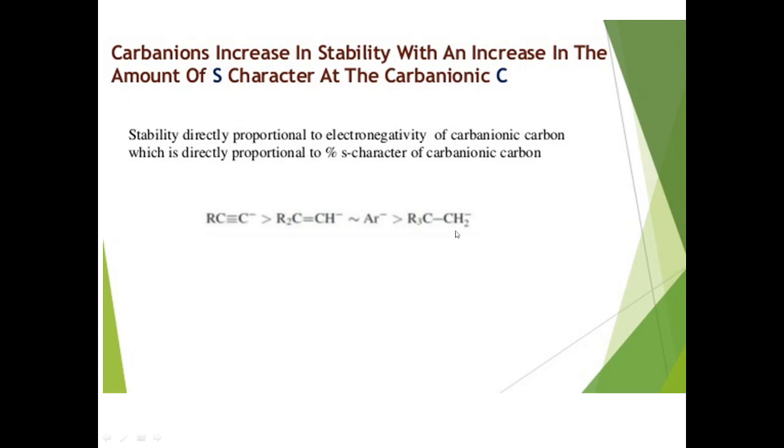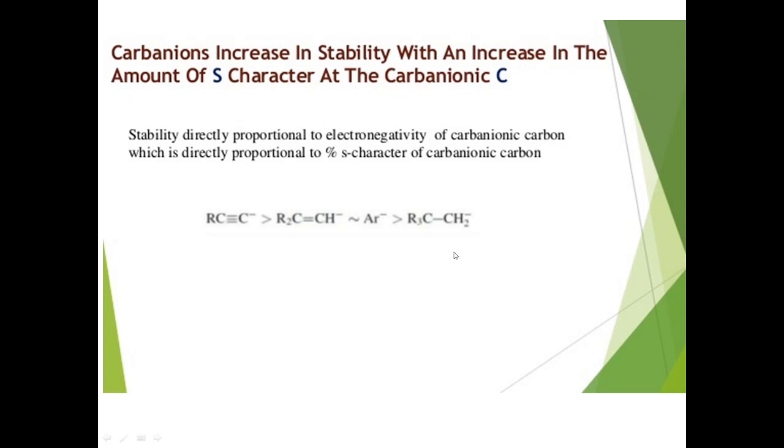In sp3 hybridization, the s character is only 25% and the p character is 75%. Going towards the double bond, the s character is 33% and the p character is 66%. And for the triple bond, sp hybridization, s is 50% and p is also 50%.